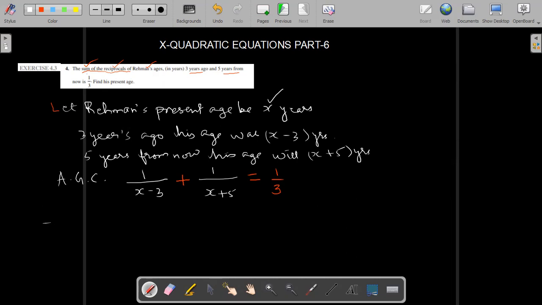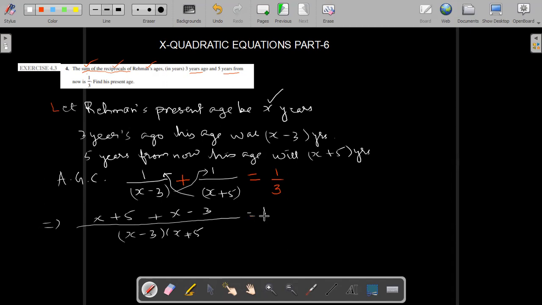Now solve this equation and find the value of x. Take the LCM, simple LCM. The LCM is x minus 3 into x plus 5, and x plus 5 will multiply with this one, and x minus 3 will multiply with this one. We get x plus 5 plus x minus 3 is equal to 1/3.